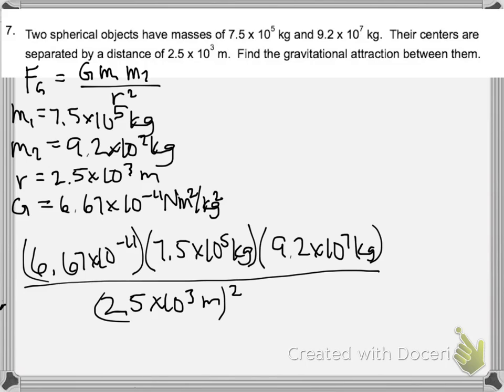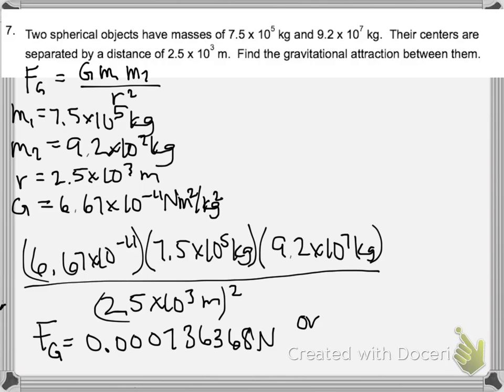Again, when we plug it into the calculator, we will get a very long decimal. So our answer that we get is 0.000736368 newtons. And again, we can convert it into scientific notation, and it would become 7.3 times 10 to the negative 4 newtons.